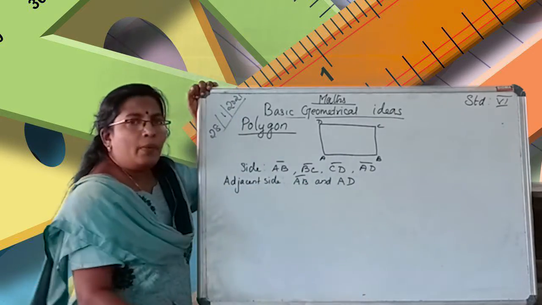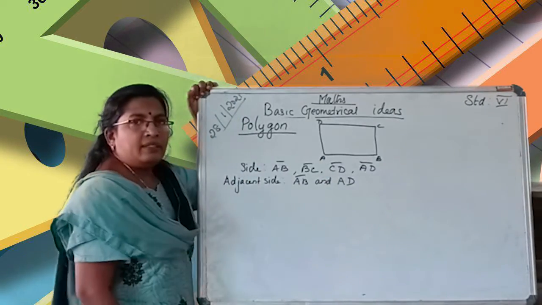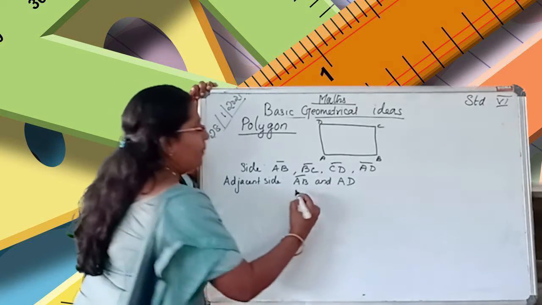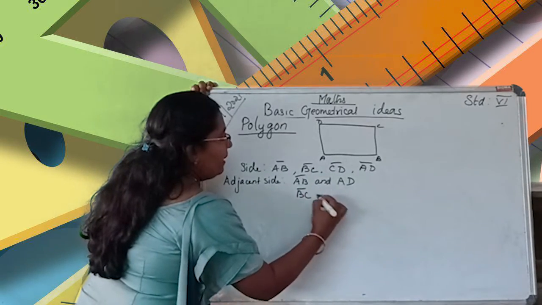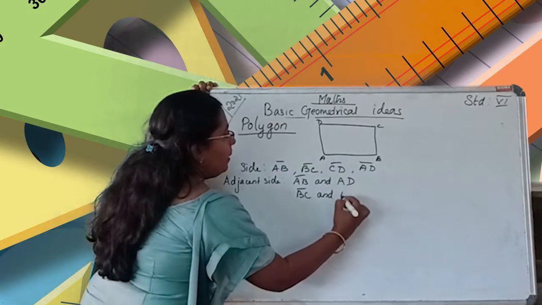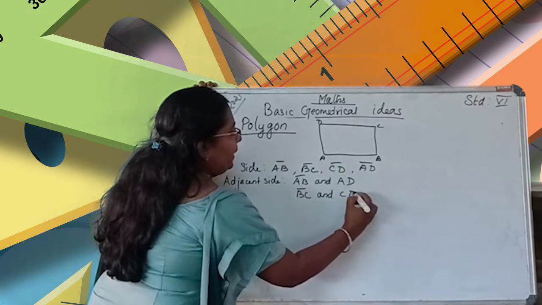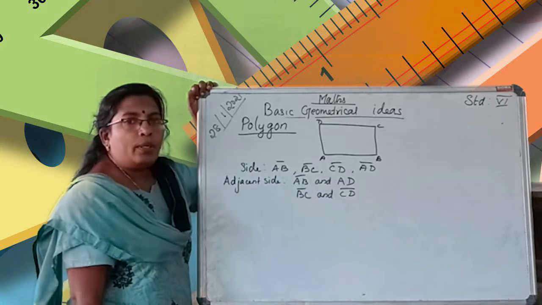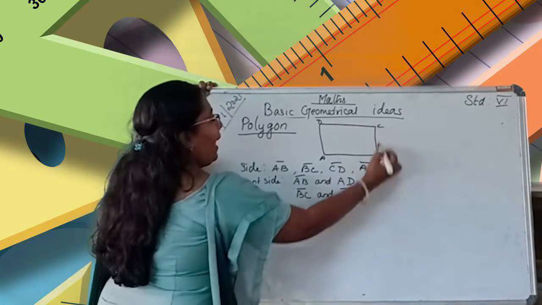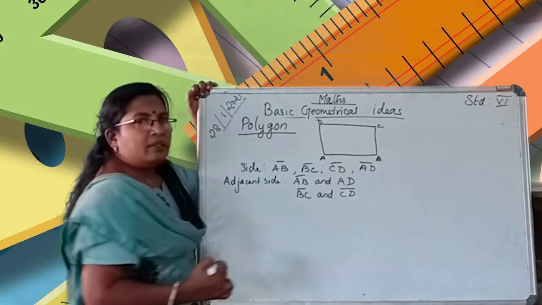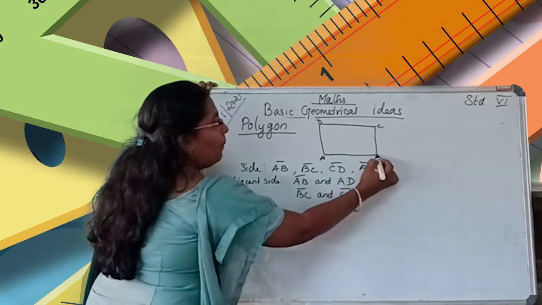Here which is the common point? A is the common point. Then BC and CD have a common point, or BC and BA. There is one common point, B.